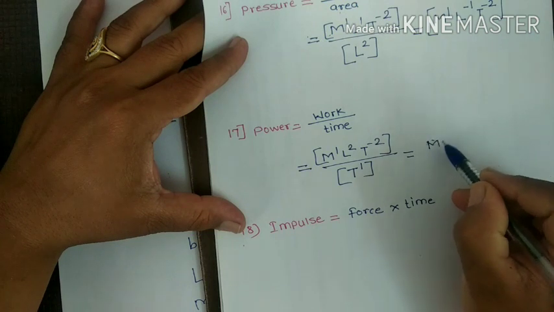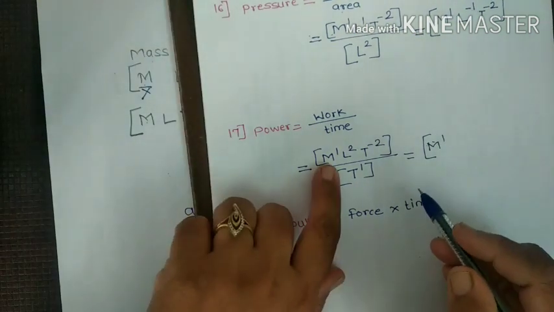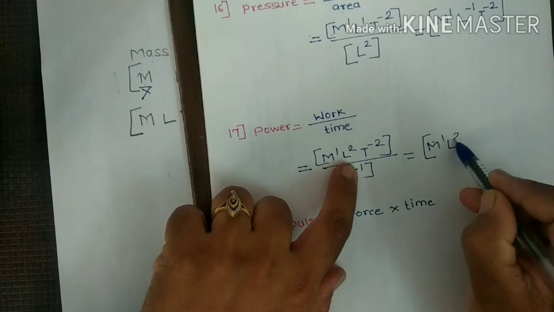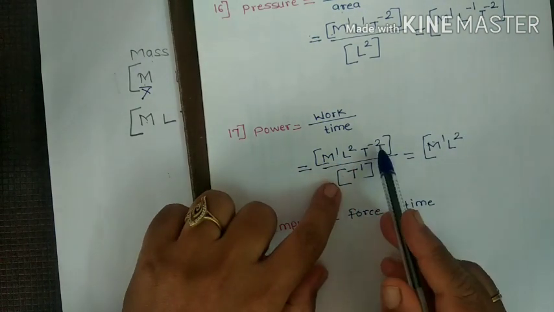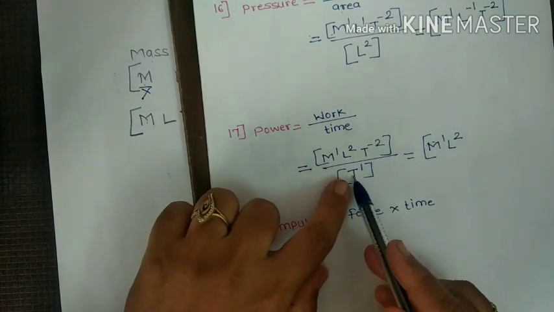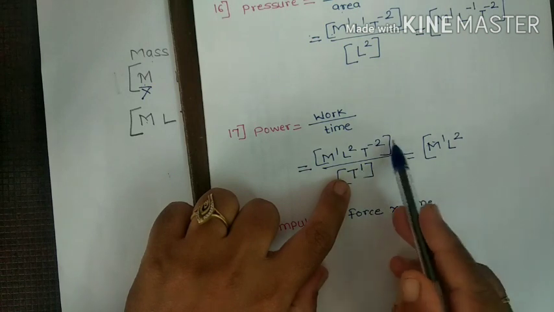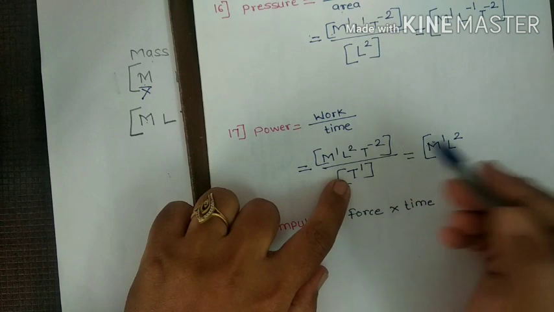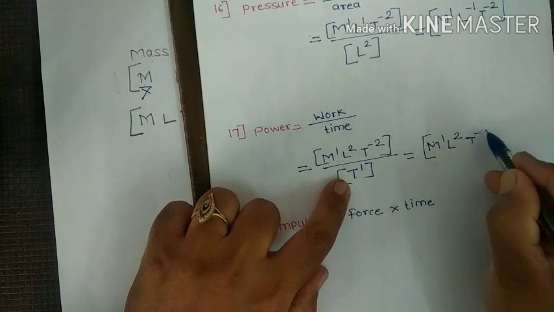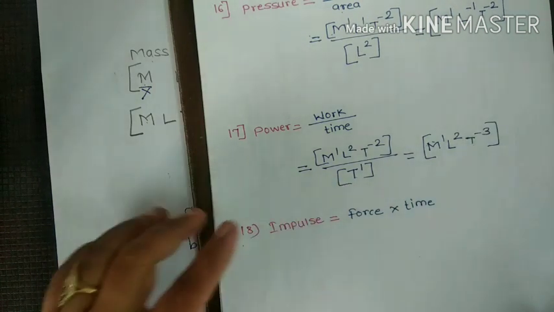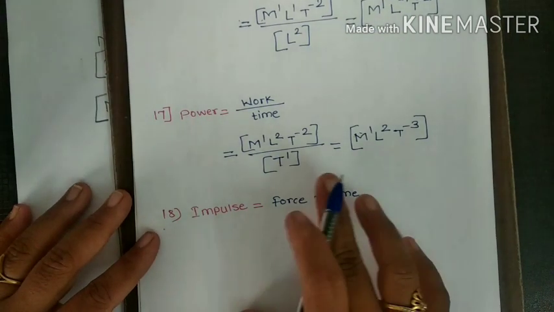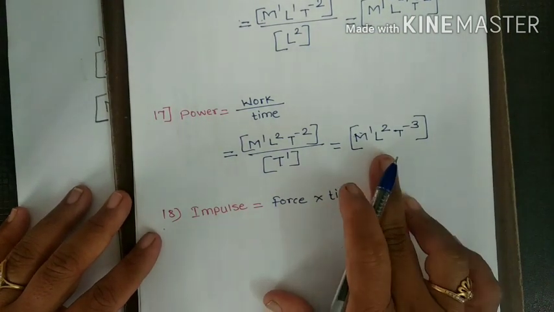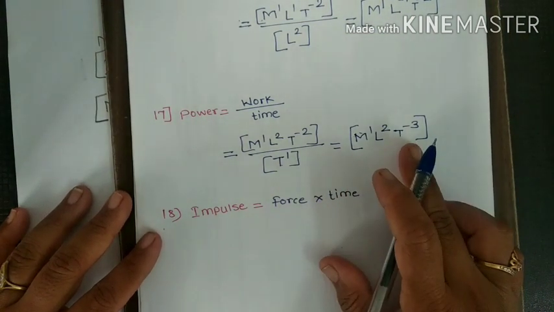That is M^1 remains the same, L^2 remains the same, and here T^-2 and that T^1 goes to the numerator. That is -2 -1, that is -3. Those are the dimensions for power. M^1, L^2, T^-3.